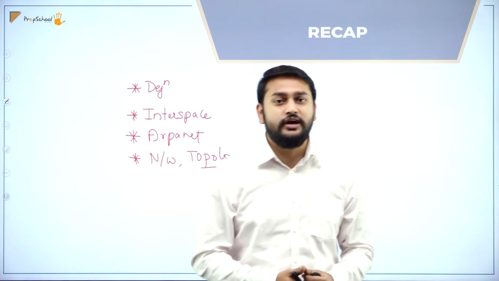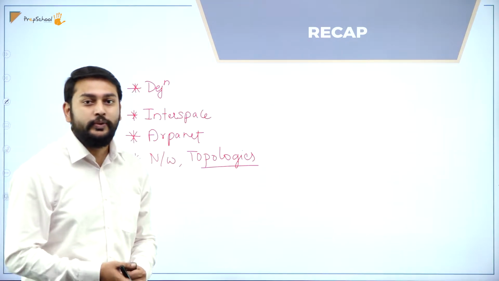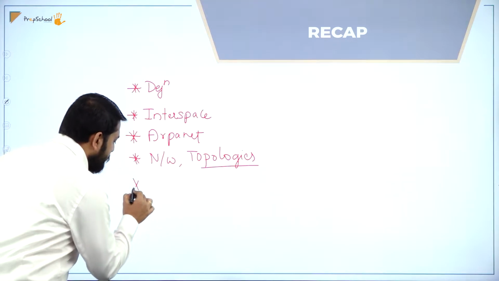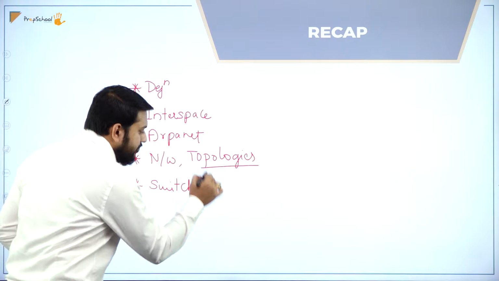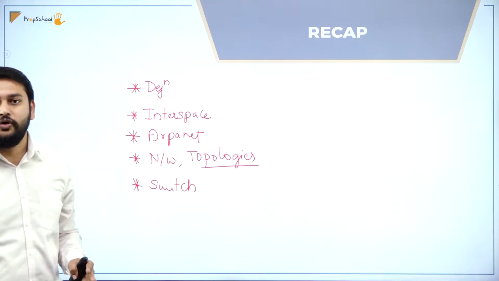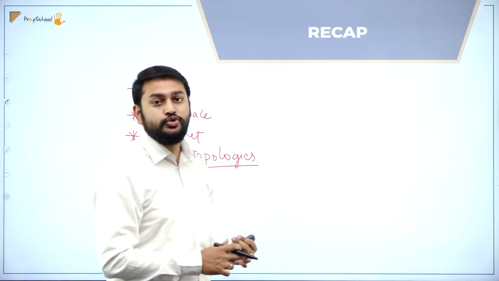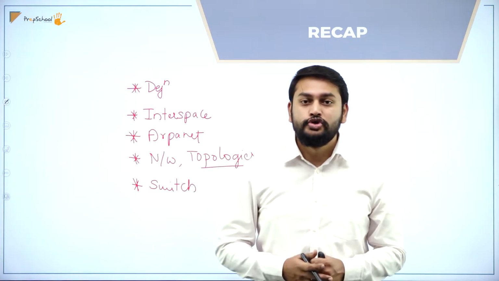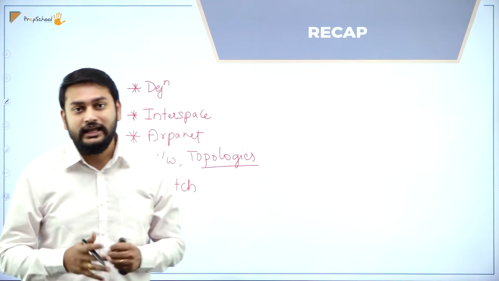What else did we discuss? Please don't forget switching techniques. In switching techniques, we have message switching, circuit switching, and packet switching. All these topics we have discussed in detail.